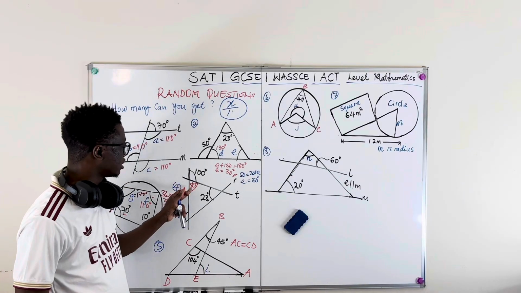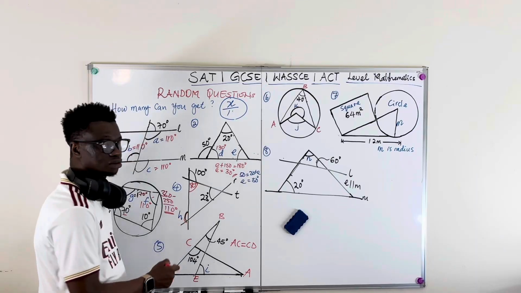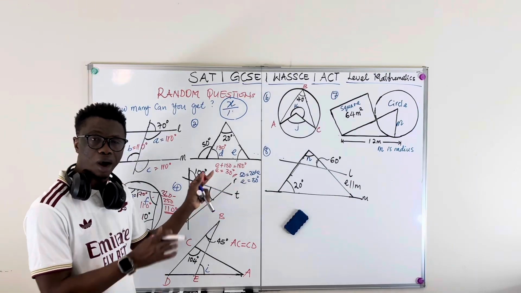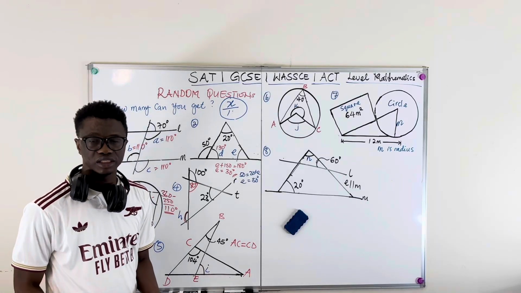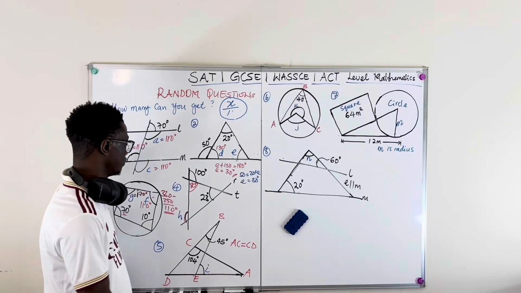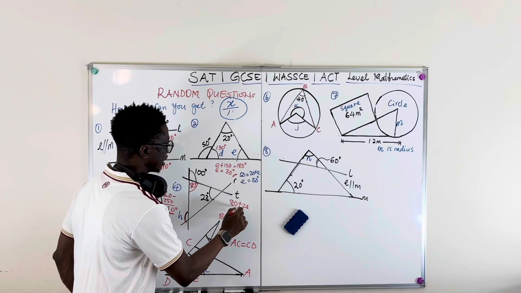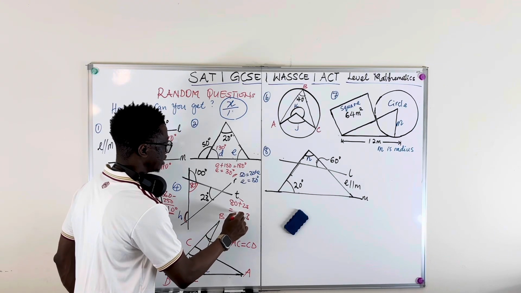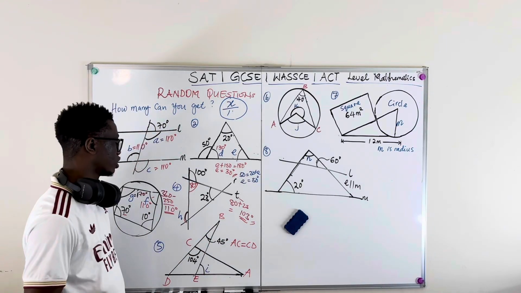Now if this is 80 and this is 23, if we add these two, we should have H. The same rule applies here: one exterior angle is equal to the sum of the two non-adjacent interior angles. So we just add 80 plus 23, and that gives you 103 degrees. That's one way you can do it.